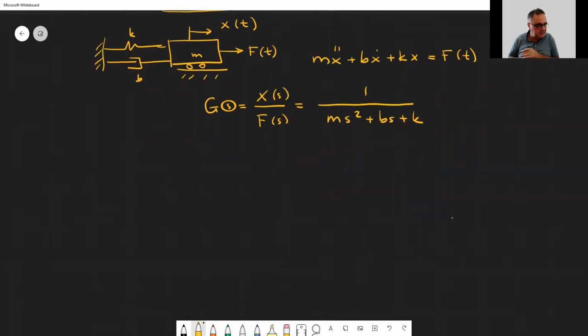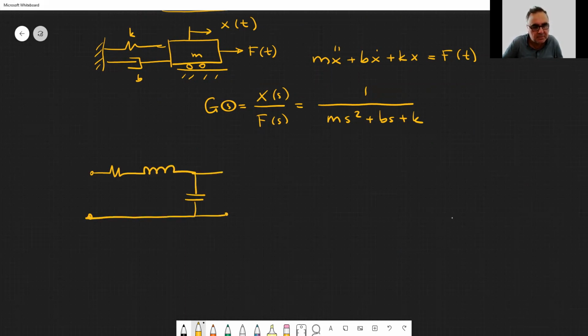There are other second order kind of systems. For example, an electrical second order system is the following. An RC circuit with an inductor on it, let's say. This is again, this is VI, this is VO, this is C, this is L, this is R. I'm not going to derive it, but you can derive it yourself.